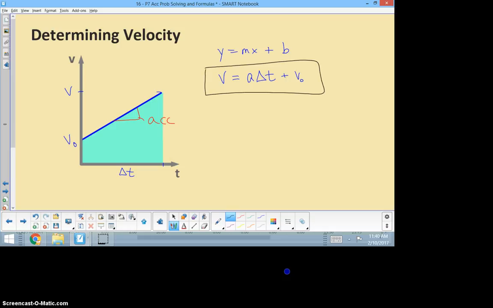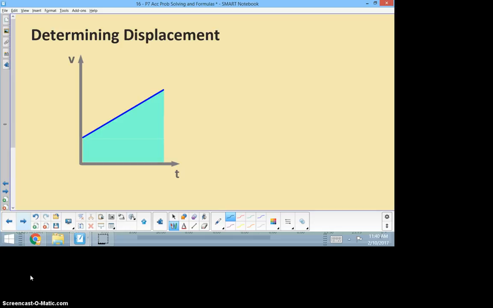And what I'd like to do now is talk about how we can determine displacement from this graph, knowing again that we have the initial velocity, the final velocity, and then our time is the base of this shape.